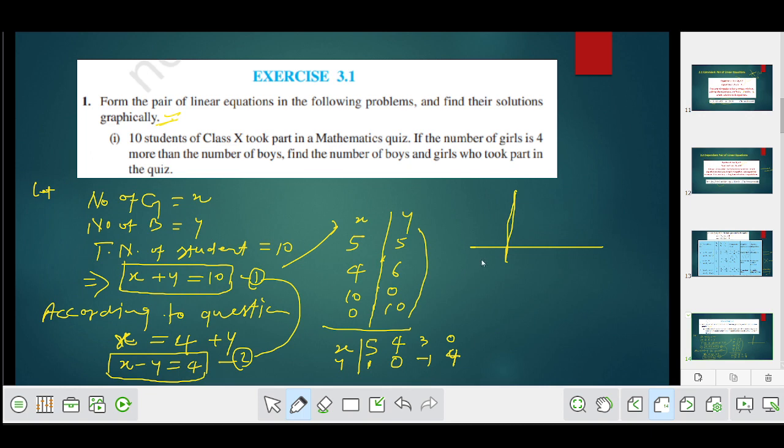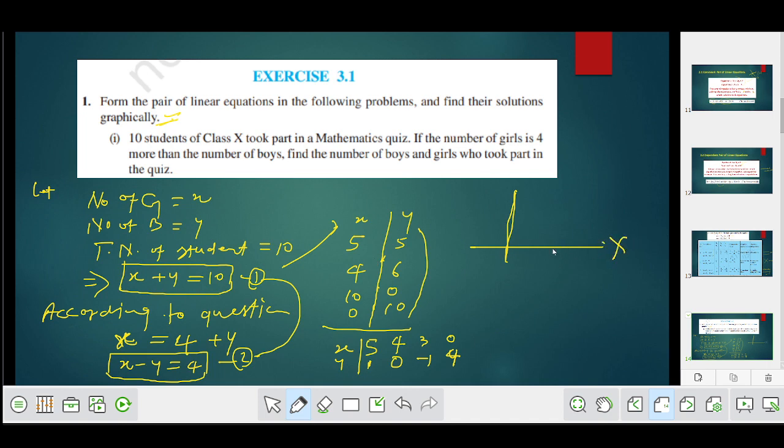Now, we should draw the graph. What will the graph be? This is line 1, this is line 2. These lines will intersect each other. There will be a common point. Okay. If we try to draw the first line, x plus y equal to 10, then this line cuts the x axis.